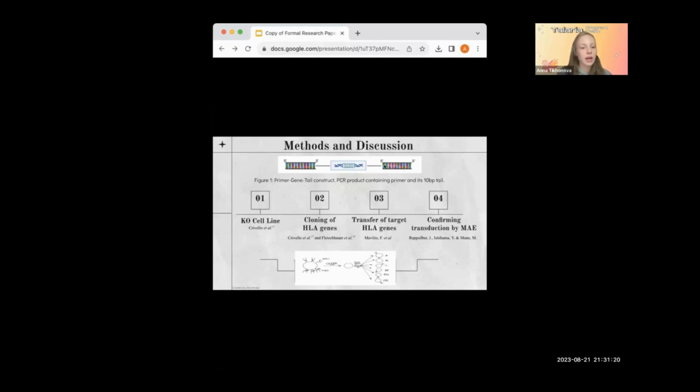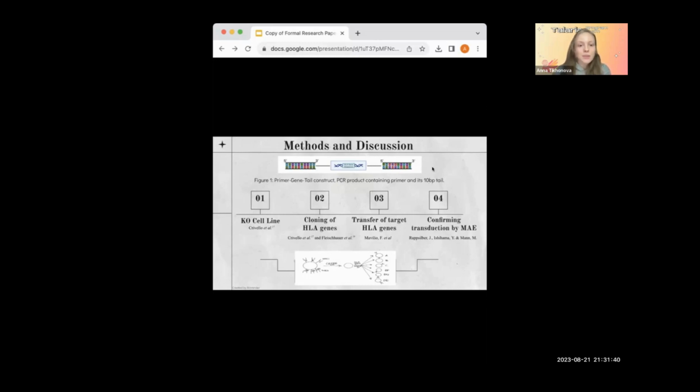As you can see at the top, there is a little construct. It's basically a little visual I created. You have a 10 base pair primer, and then you have the HLA gene sequence, which is this blue one, and then you have a tail.